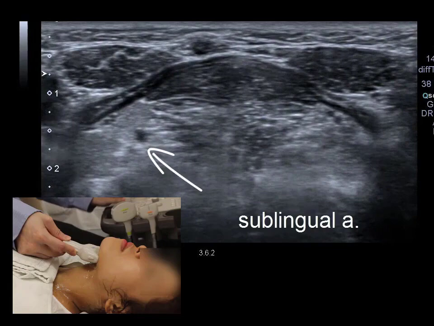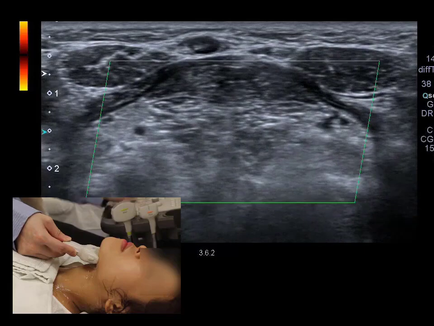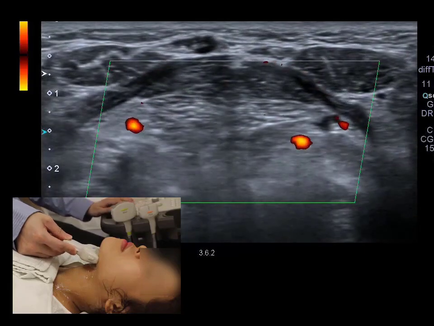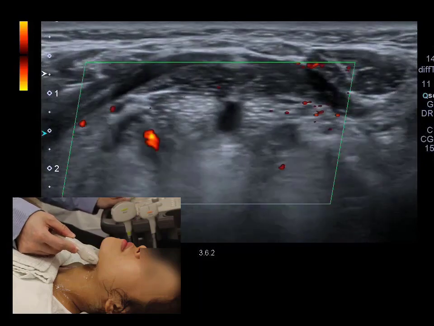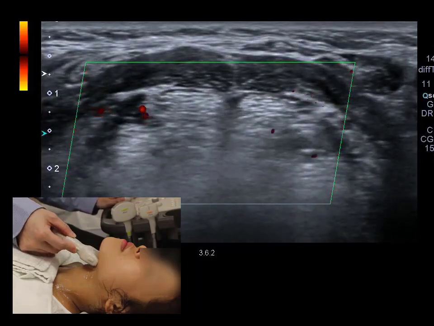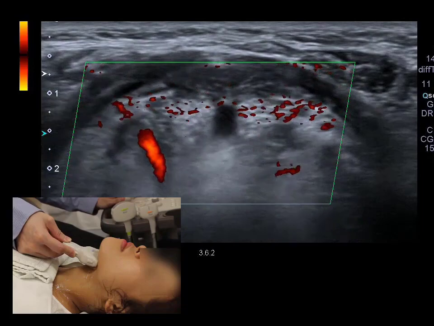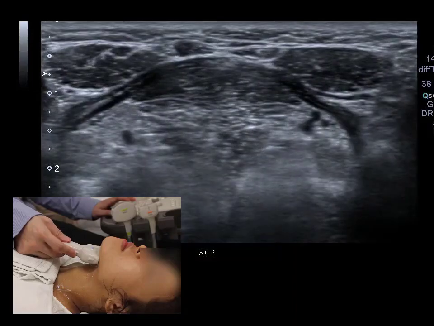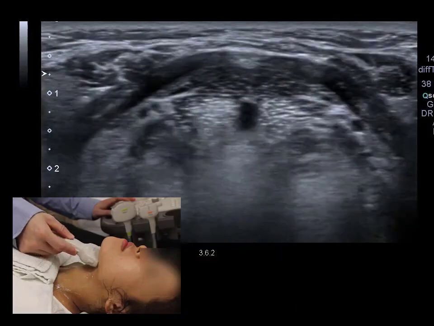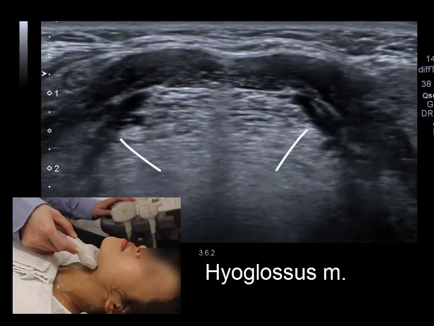When we turn on the color, we're going to see the pulsation. This sublingual artery will enter the plane between mylohyoid and hyoglossus, and this plane also has the deep lobe of the submandibular gland, as well as the important structure of the submandibular duct.